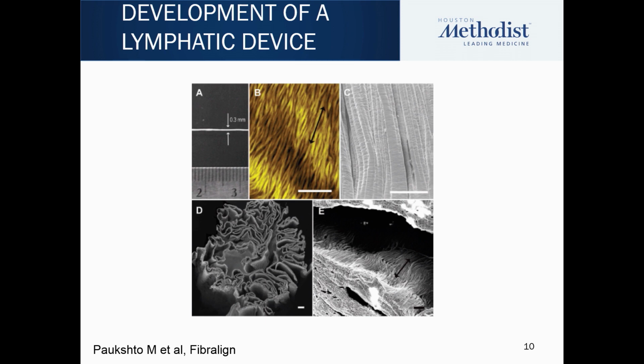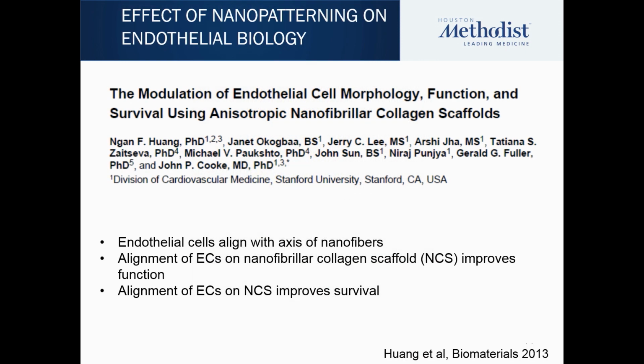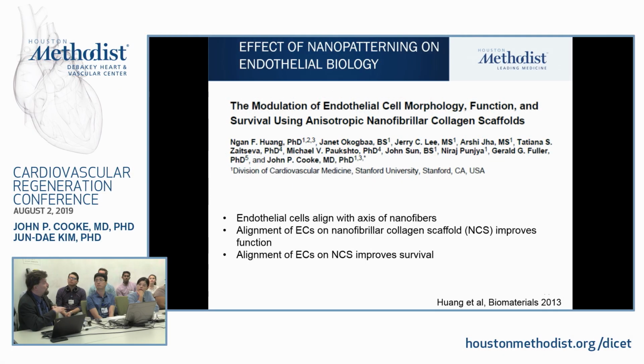It may have something to do with the fact that this internal structure may provide for accumulation of proteins, growth factors, that kind of thing. But they're also sensitive to the patterning itself, the endothelial cells. So we wanted to see how endothelial cells would survive on these matrices. And we found that endothelial cells aligned with the axis of the nanofibers.